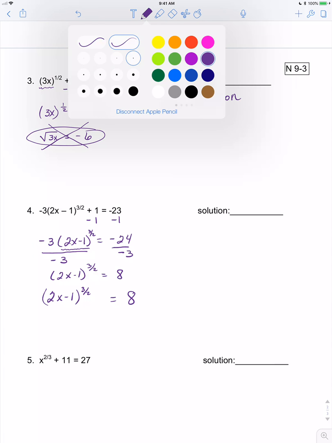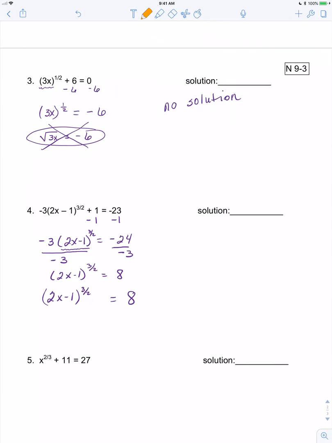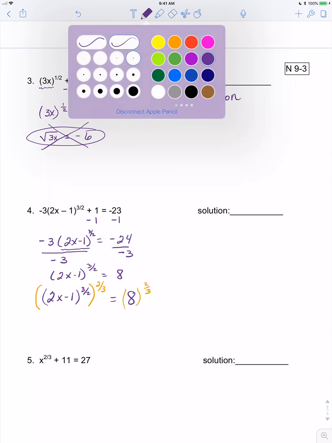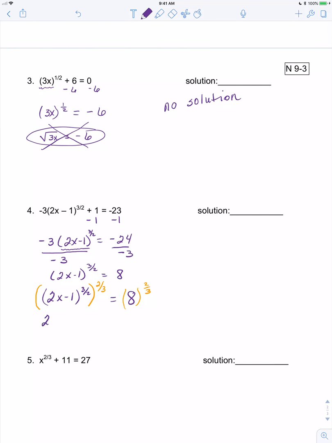And now that that's isolated, we're going to take this to the power of its reciprocal, so 2/3 power, which means we have to take 8 to the 2/3 power. If we do it to one side, we have to do it to the other. Okay, so this leaves us with just 2x minus 1 on this side, and that is 8 to the 2/3 power.